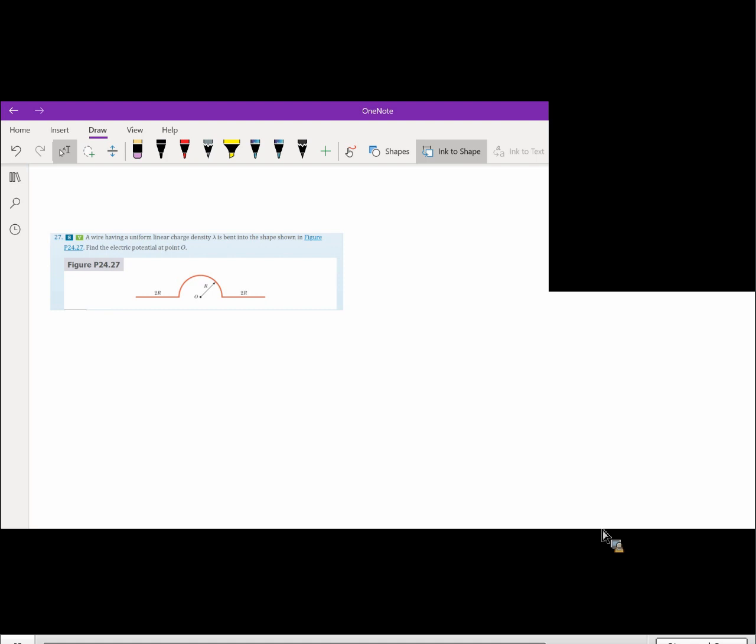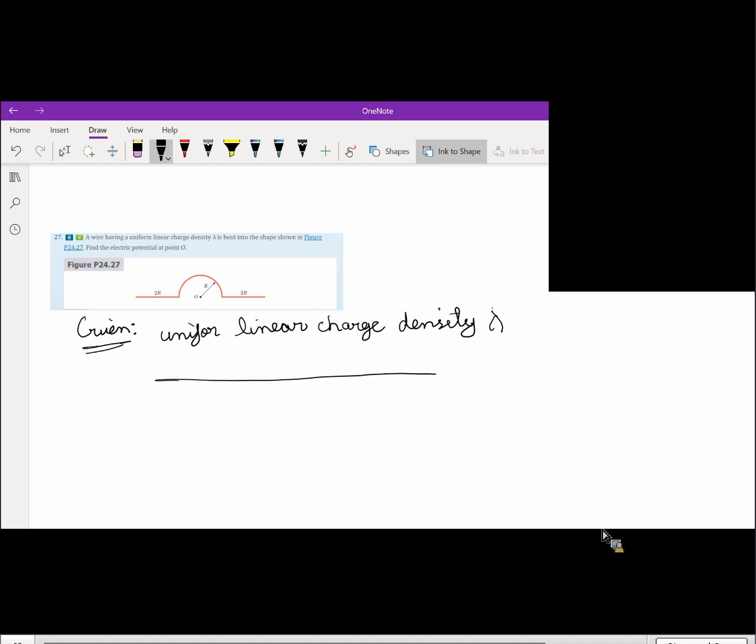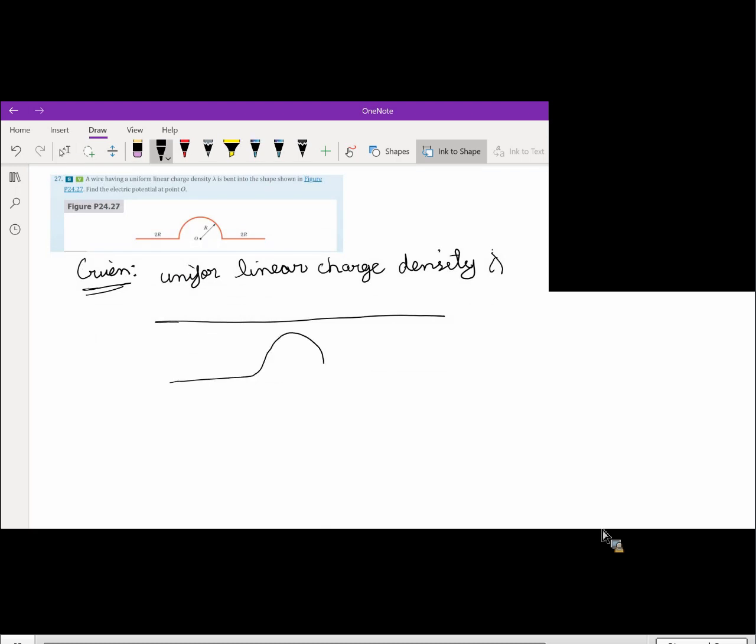So what we have given here is a wire with a uniform linear charge density lambda. Somebody was not having a good day, and they bent this uniform length of wire into this kind of shape.